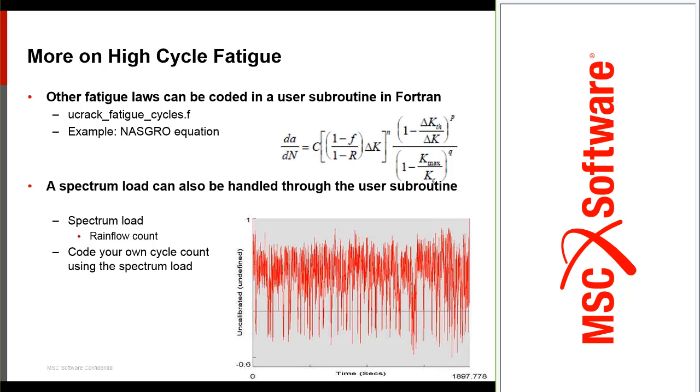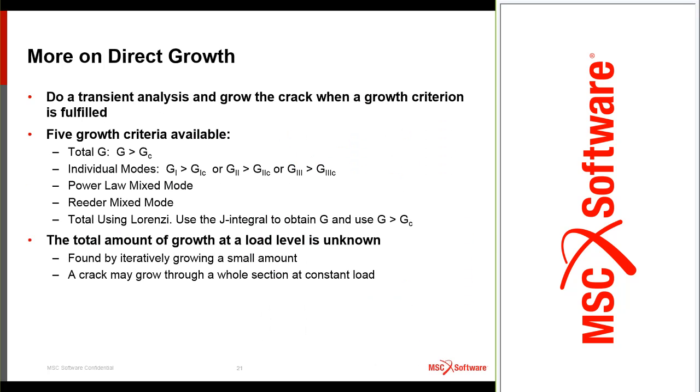And when we're in the loop to integrate Paris law, or the fatigue law, I should say, we can use these rain flow count results for scaling every load level you have. And this way you can take spectrum load into account. This is also done through the user subroutine today. Okay, let's move over to direct growth.